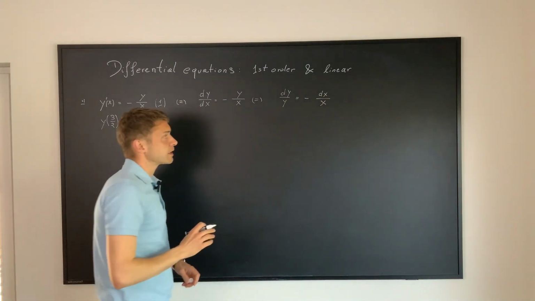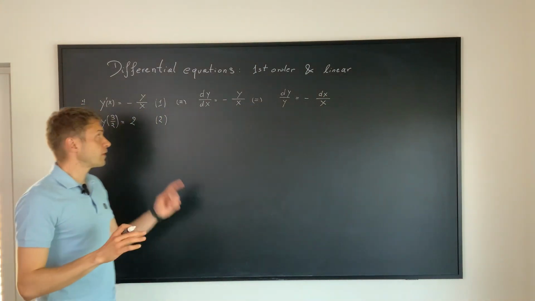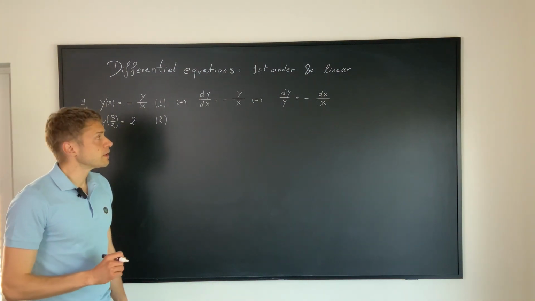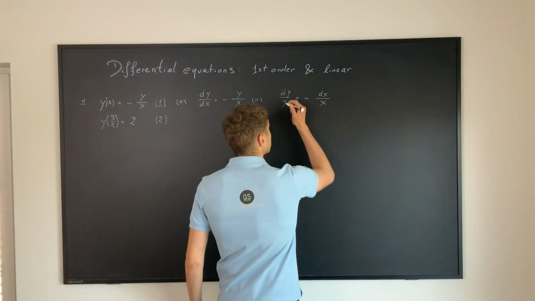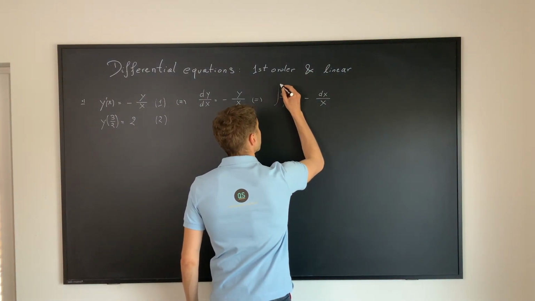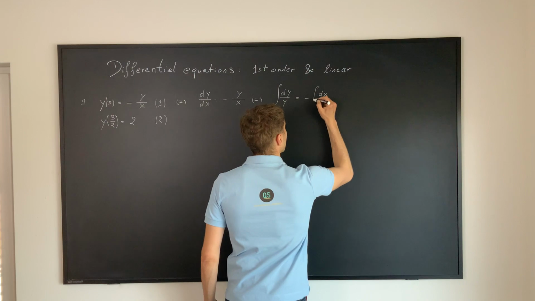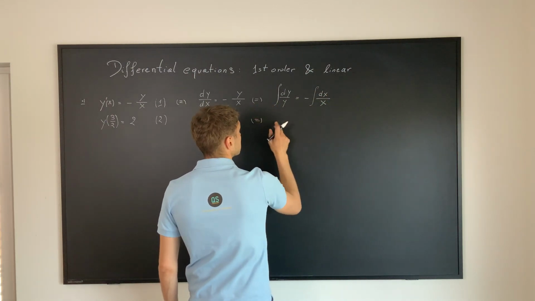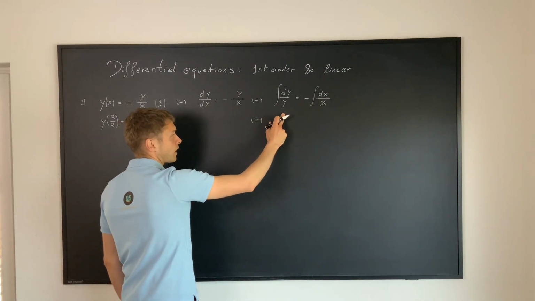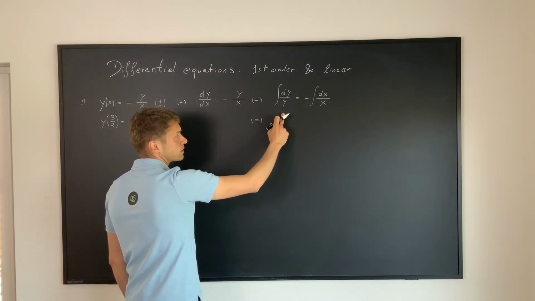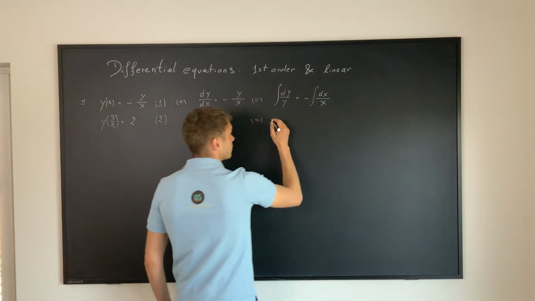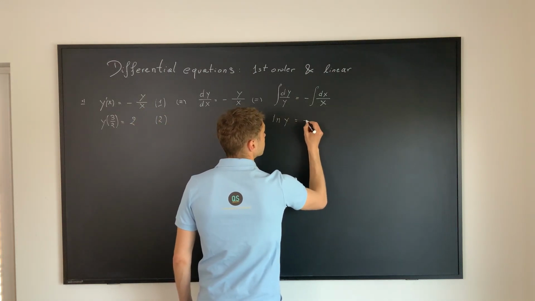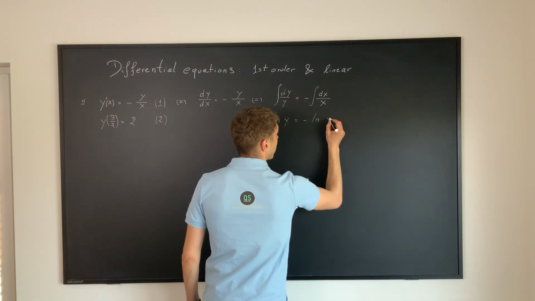So from this the problem of solving this differential equation reduces to solving two integrals, because we can apply the integration here on both sides, and then we know from calculus that this particular integral just reduces to the natural logarithm. So natural logarithm of y equals minus natural logarithm of x.